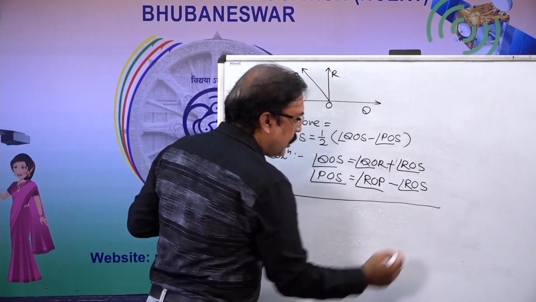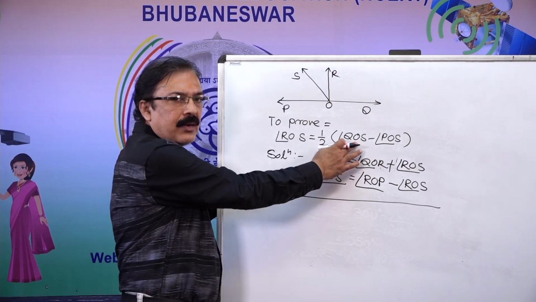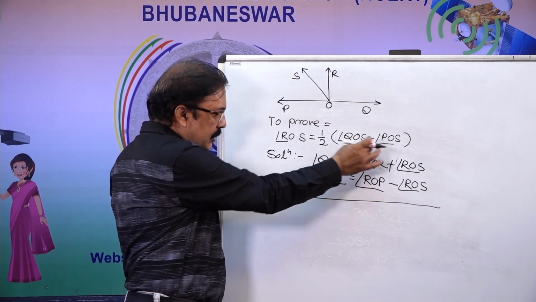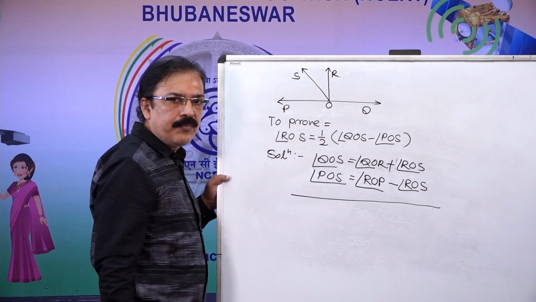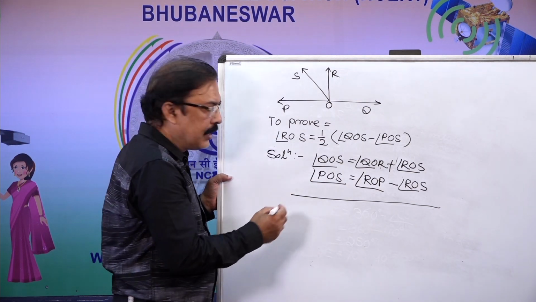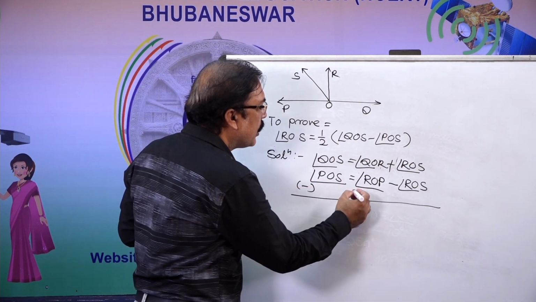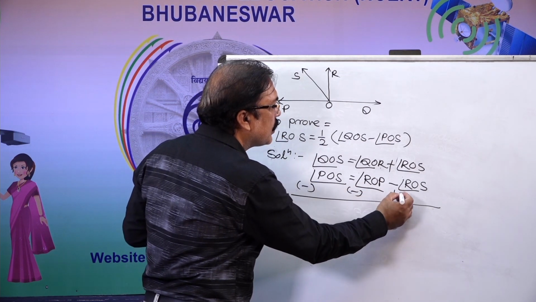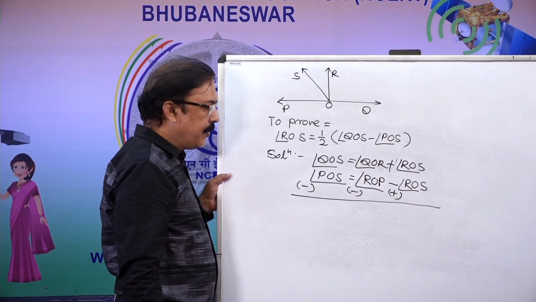Now, as it is given to find the difference between these two, QOS and POS, we have to subtract. By subtracting, let us change the sign of each.